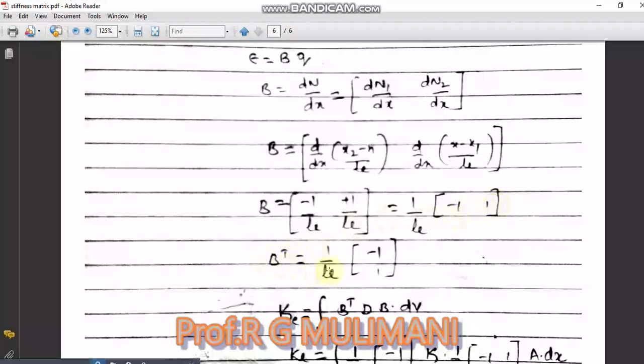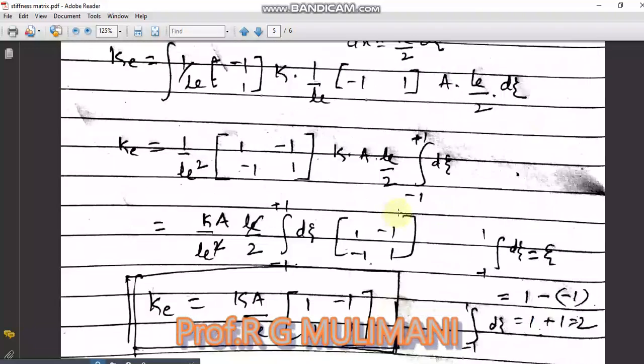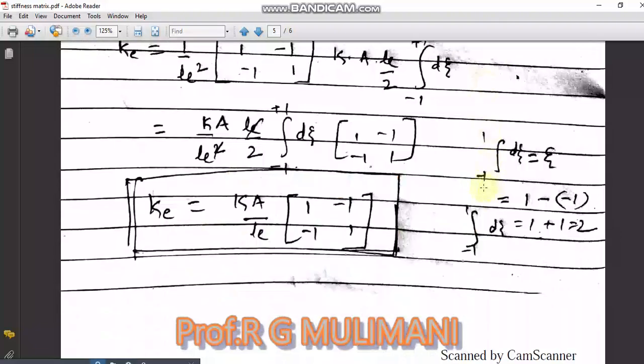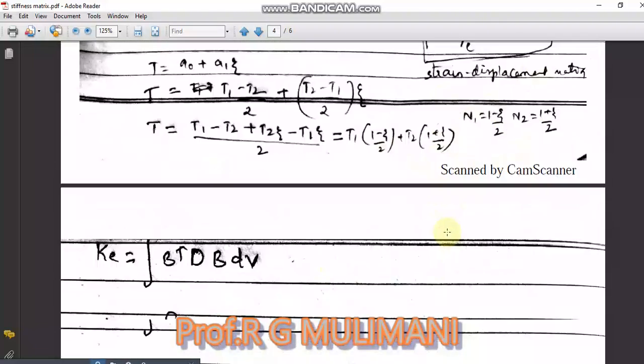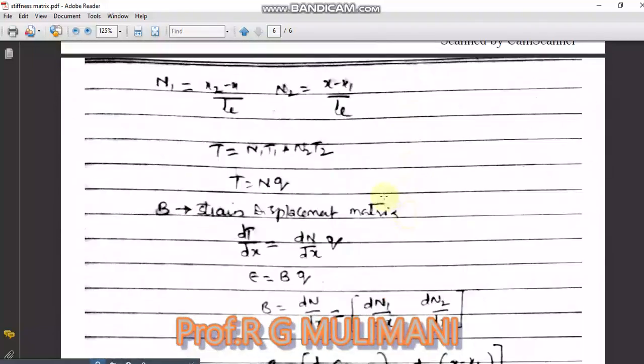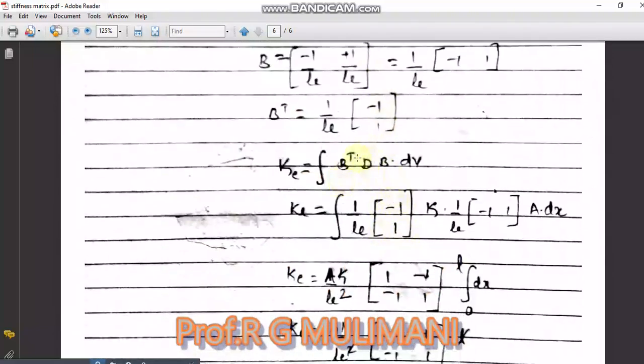This strain displacement matrix is the same as the strain displacement matrix derived from the natural coordinates. Here also it is 1 by LE [minus 1, 1]. In the strain energy equation, if the nodal displacement values are removed, then it is the stiffness matrix.